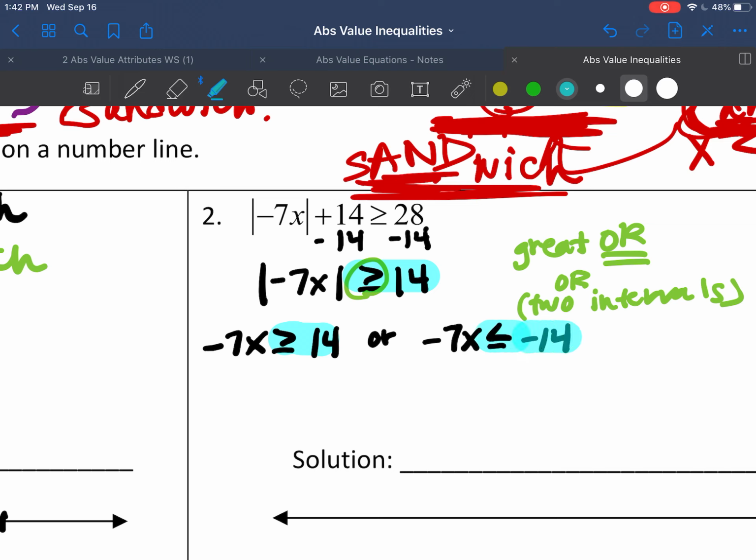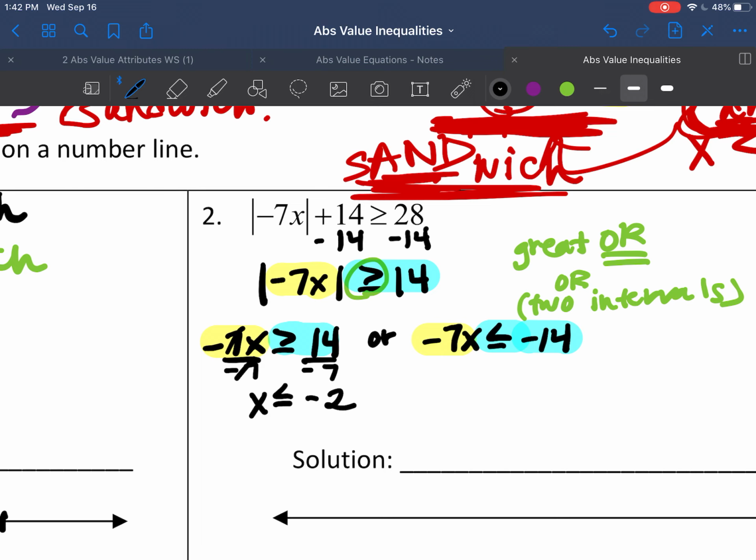Flip it, switch it for this negative 7x. Now we are ready to isolate x, so divide by negative 7. This is an Algebra 1 principle: anytime you divide by a negative number, your inequality flips. So lots of flipping and switching, you have to keep track of all of that.